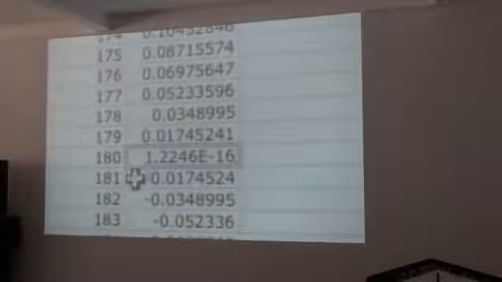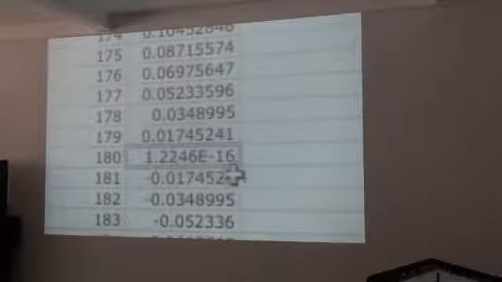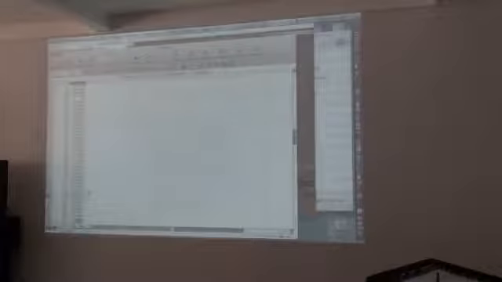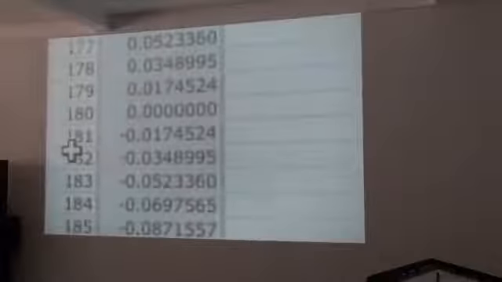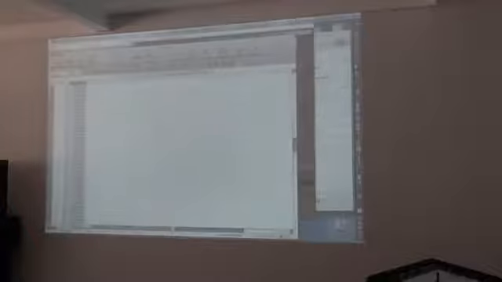You can read 1.22 exponent minus 16. Let me change this format of cells, not scientific, but let's do number with 2 decimals. Okay. Let's do more decimals. Okay. So many decimals. So you will see at 180 degrees the sine function is 0.